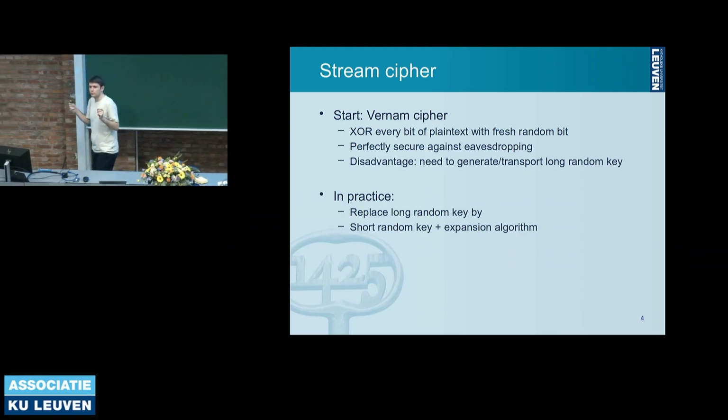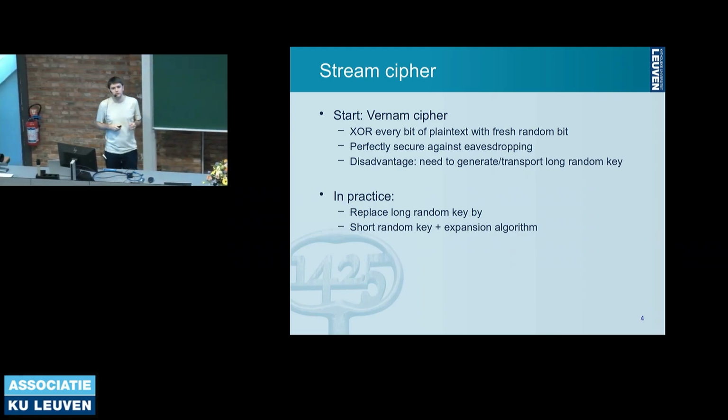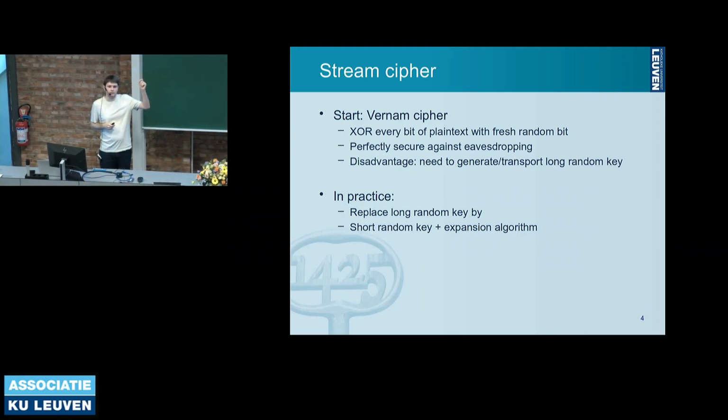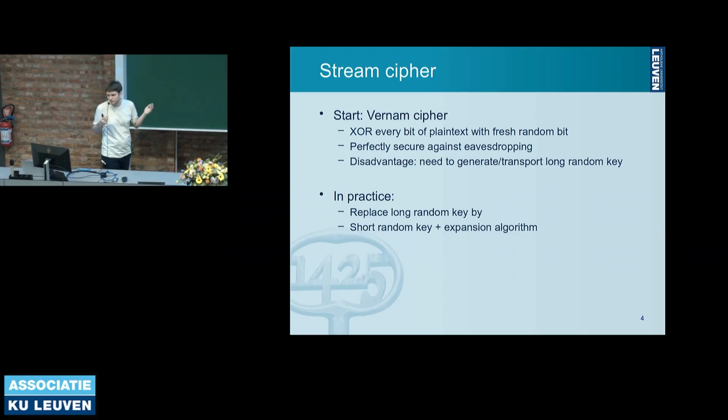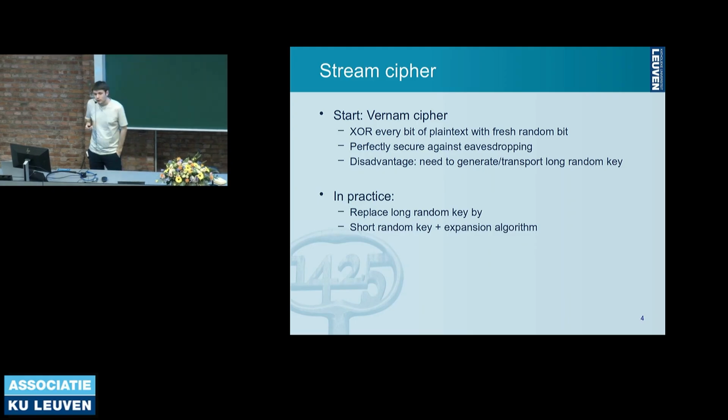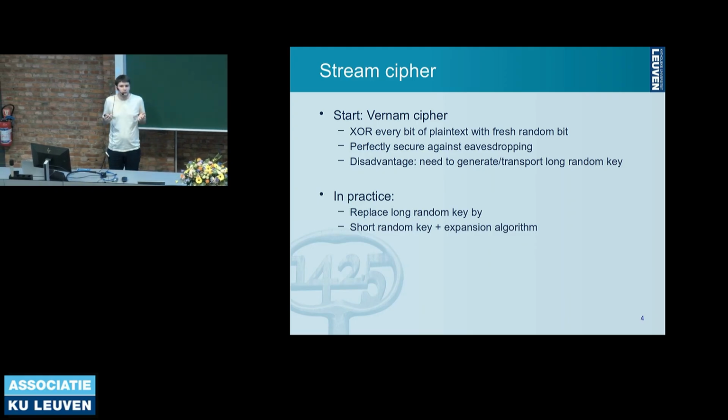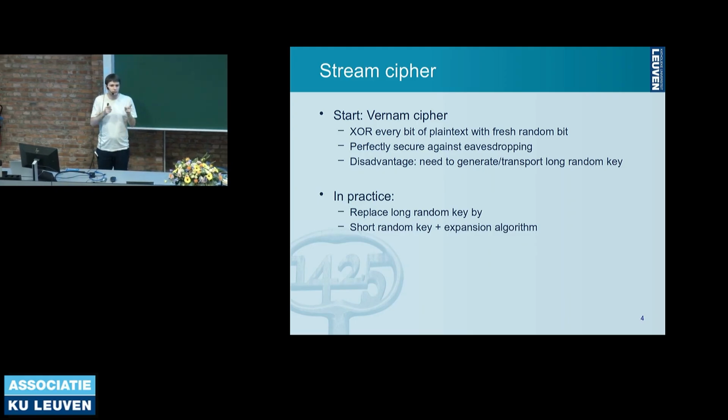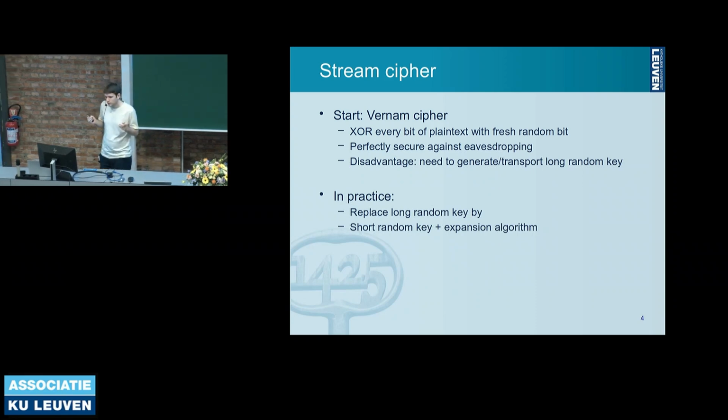Now I can encrypt my plaintext by taking 1 bit of the plaintext and XORing a key stream bit to it, and that resulting bit will just look like a uniform random bit. So it doesn't reveal any information about my message. This is perfectly secure, of course, assuming that we have this perfectly random string of bits.